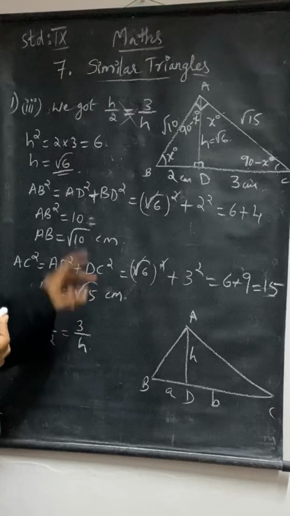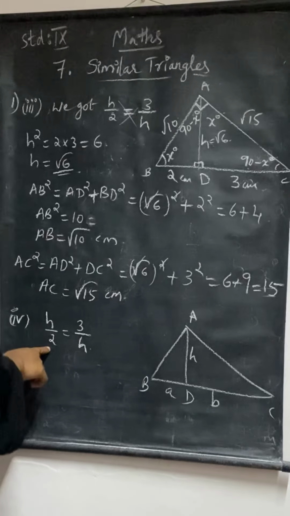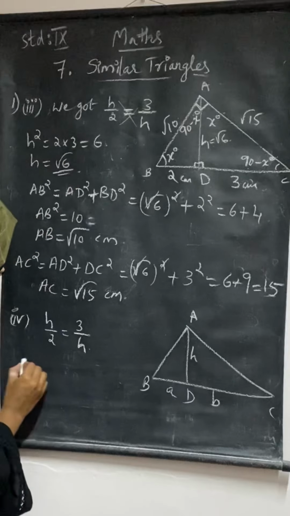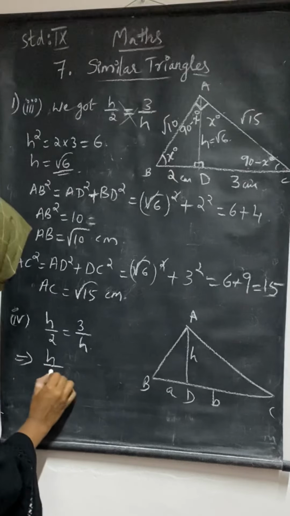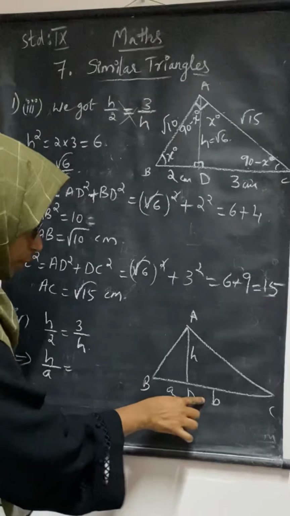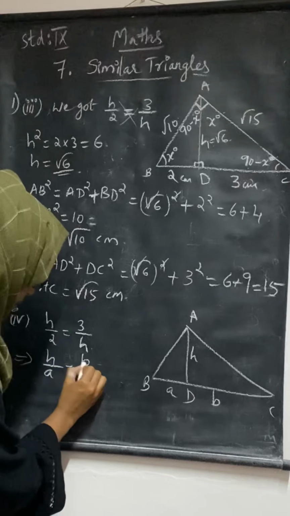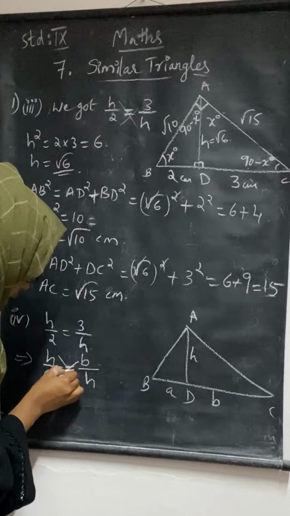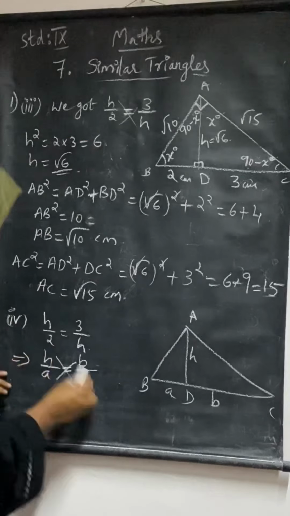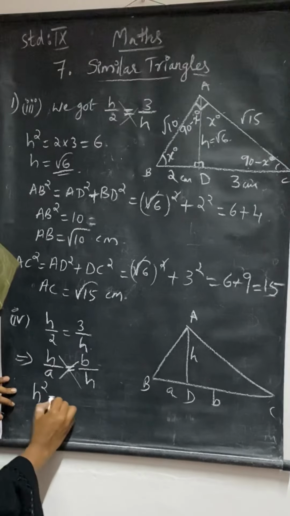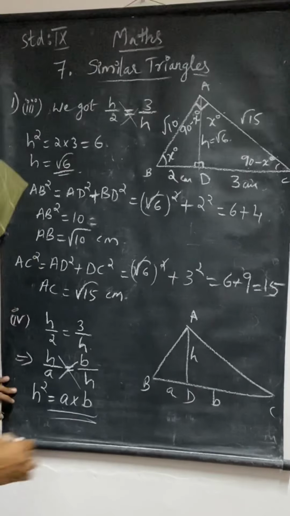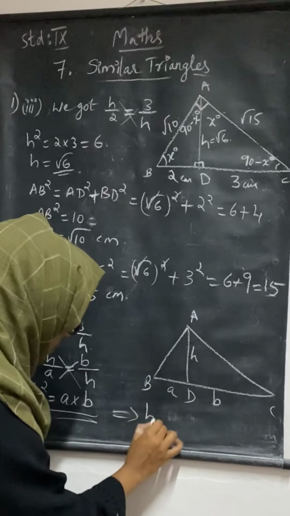So instead of 2, you have A here: h by A is equal to, instead of 3, B by h. Now what do you do? Cross multiply, the same way you did before. h into h, h square is equal to A into B. So this is the proof: h square is equal to A into B.